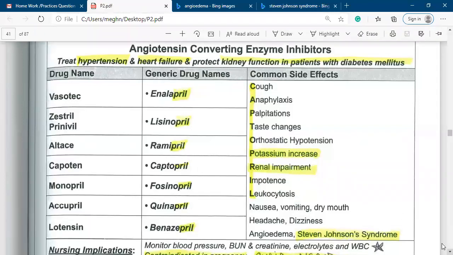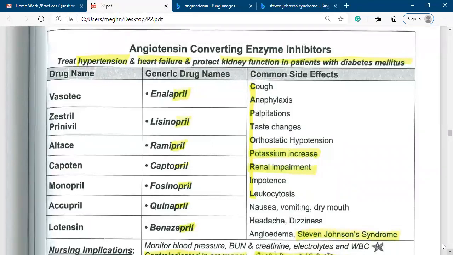This is the medication we use as an antihypertensive or for heart failure, or if a patient has a kidney problem due to diabetes, we use it to protect the kidney. This is the indication of angiotensin converting enzyme inhibitors.